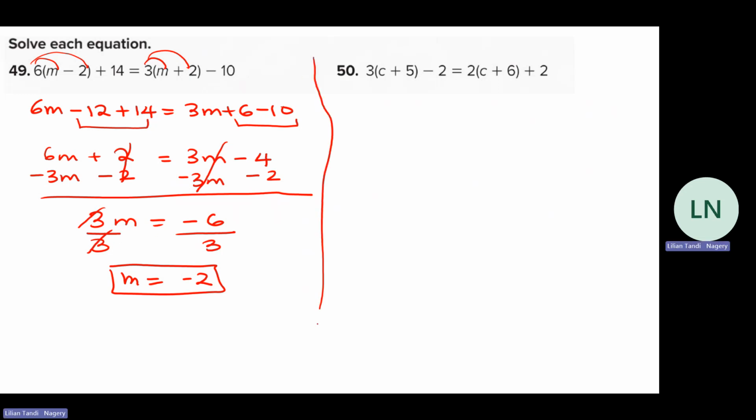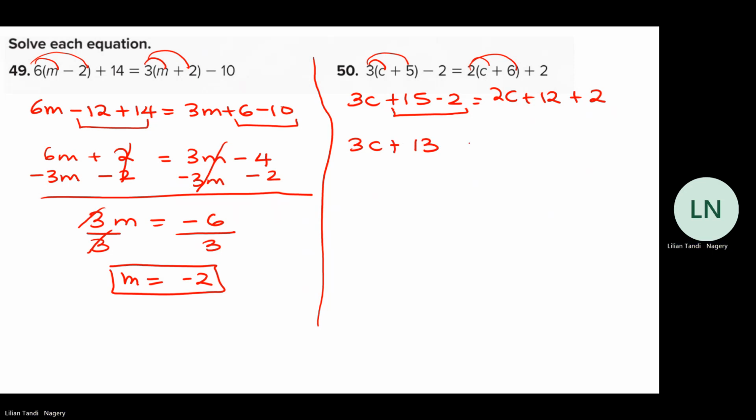I solve this one. 3c. 3 times c, 3c. 3 times positive 5, positive 15, minus 2. 2 times c, 2c. 2 times 6, positive 12, plus 2. This becomes 3c plus 13.